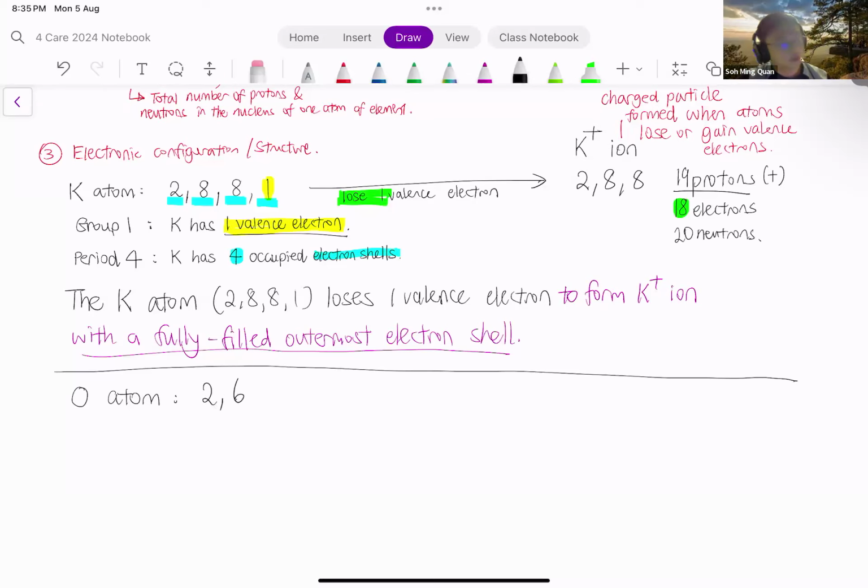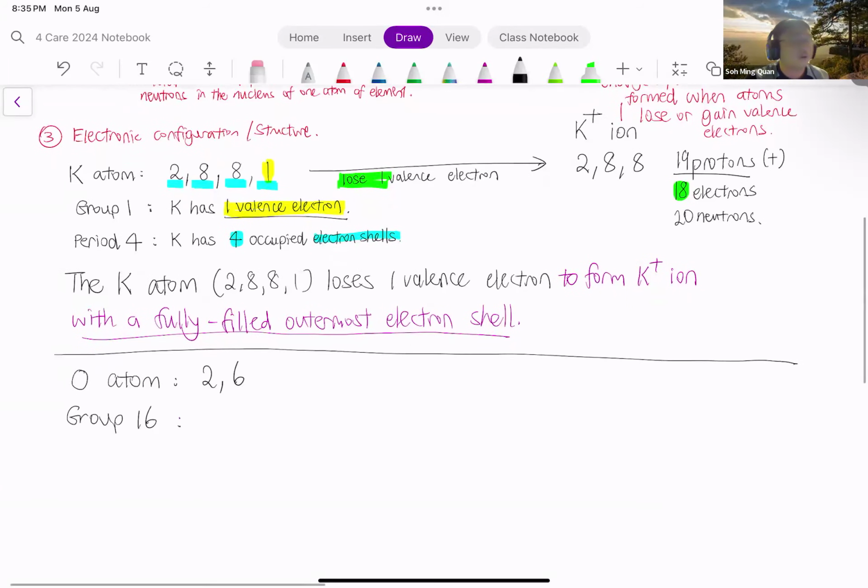So the oxygen atom is 2,6. I'm sure you can predict 2,6 won't be very stable. 2,6 means this element must be in group 16. When you go to the other side of the periodic table, the group numbers all start in the teens, 13, 14, 15, right?